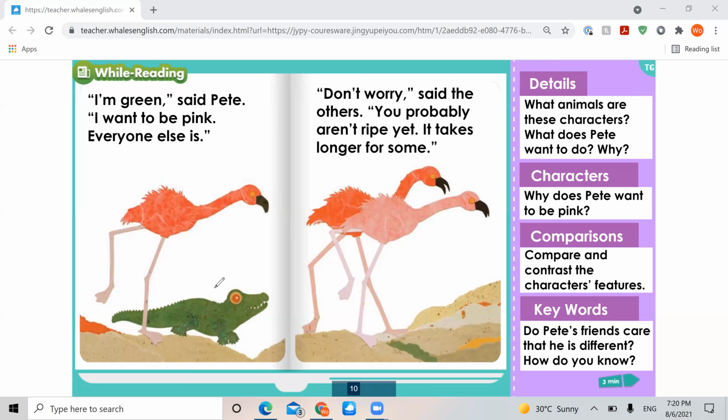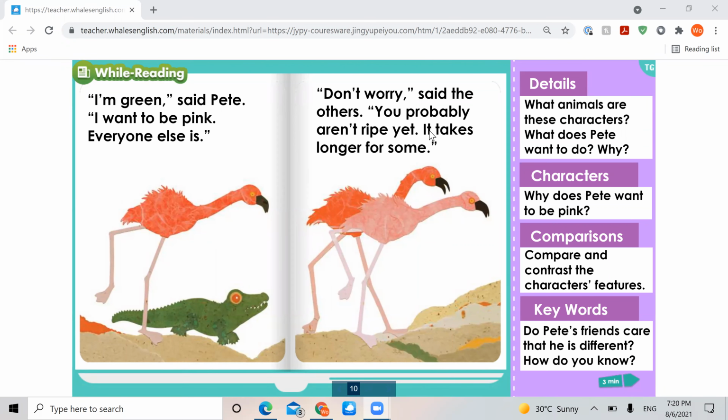Okay, so let's compare and contrast between Pete and his friends. That's correct. The alligator Pete is green, but the flamingos are pink. Can you find another contrast between them? Great thinking. The flamingos have 2 legs, but Pete, the alligator, has 4.